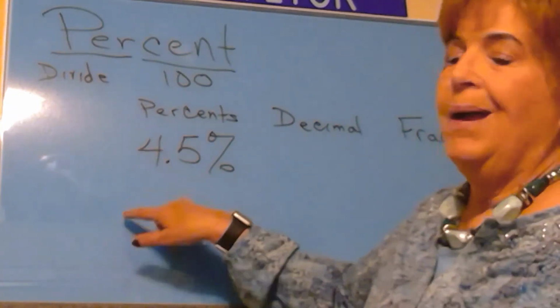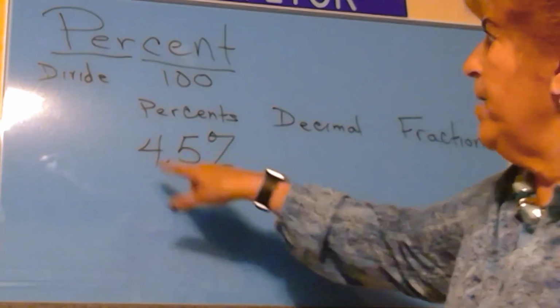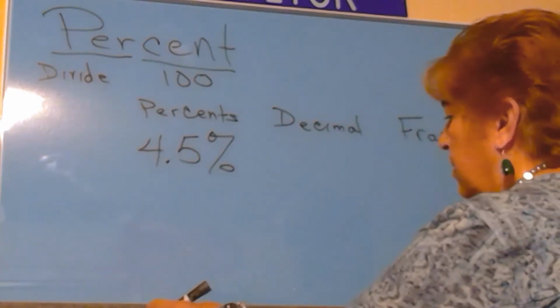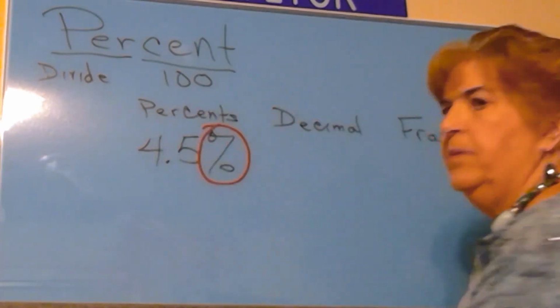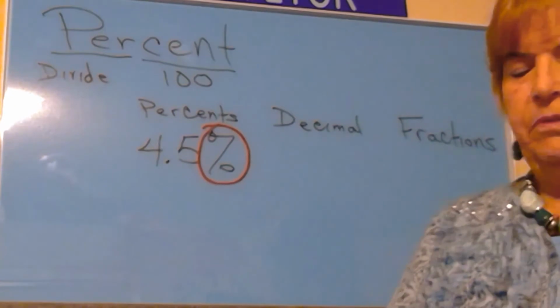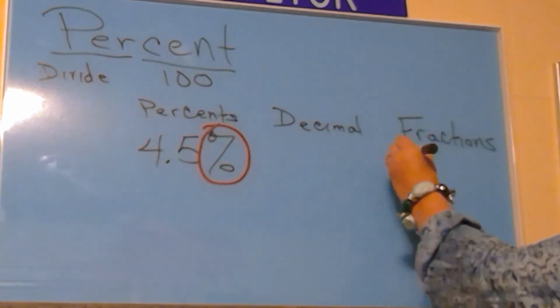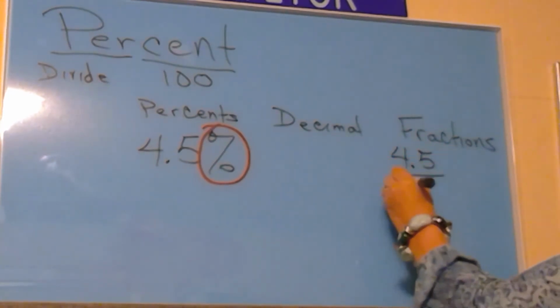This time, I'm going to change it to a fraction first. I know that percent means to divide by 100. So whenever you see the percent symbol, you know that means you're going to divide it by 100. So that would be the same as 4.5 divided by 100.